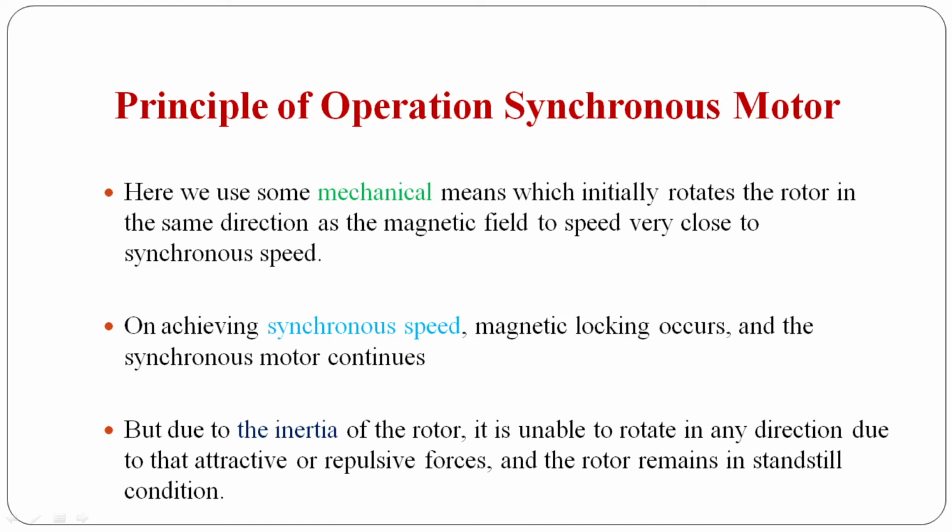It can be any external mechanical means through which we initially rotate the rotor in the same direction as the magnetic field, and the speed of that external device should be very close to the synchronous speed, so that our rotor is also running at a speed near synchronous speed. Now, on achieving synchronous speed, magnetic locking will occur and the synchronous motor continues rotating.